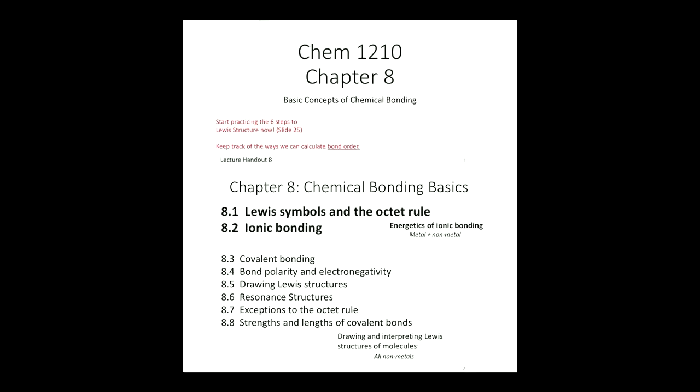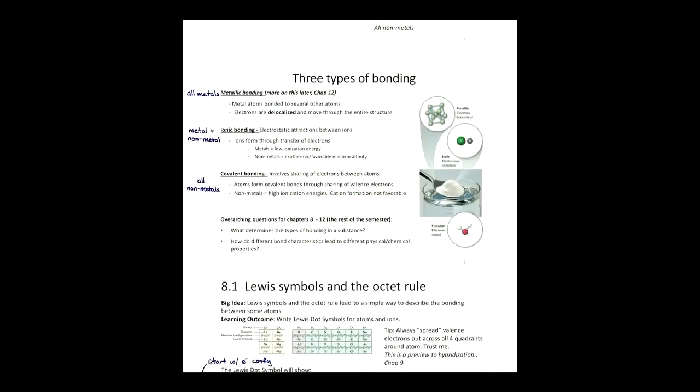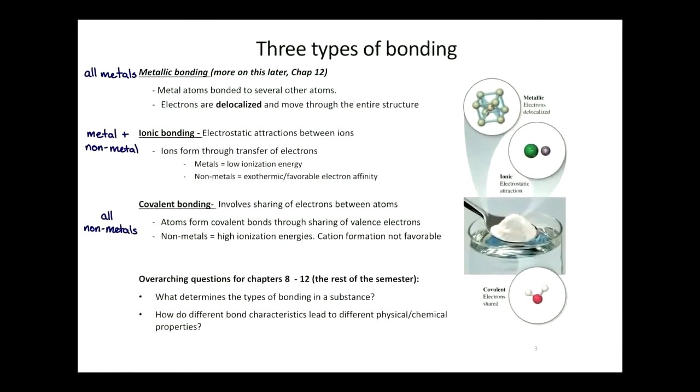Okay, so we're going to be talking about bonds for a long time. So this first part, we'll look at things revolving around ionic bonding. So just to remind us the types of bonds that we have: metallic bonds when all metals are present. Talked about that a little bit. Metals have low ionization energies. They conduct electricity. A metal plus a nonmetal, because of that mismatch in ionization energy and really negative, exothermic electron affinity, we get full electron transfer.